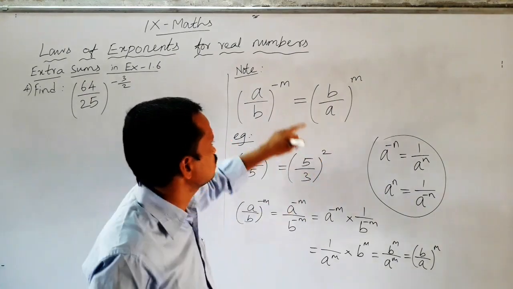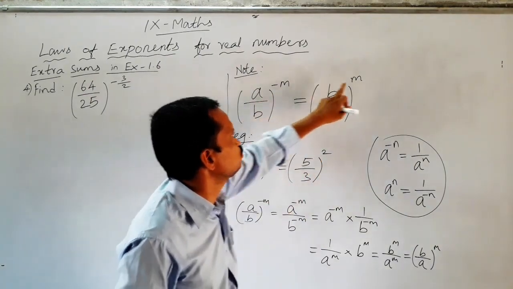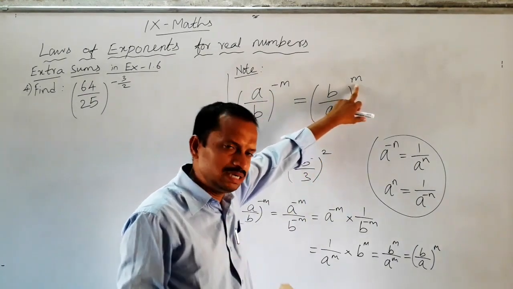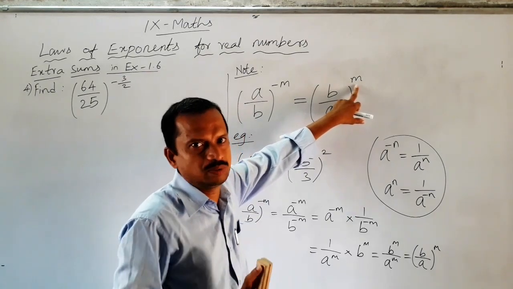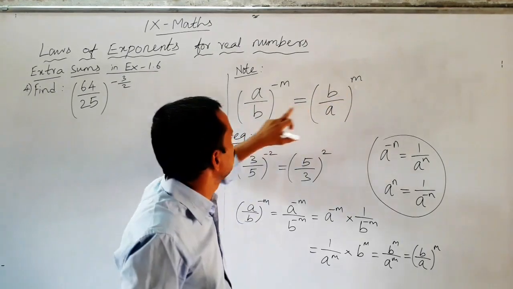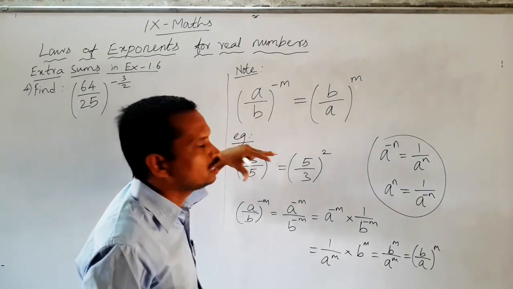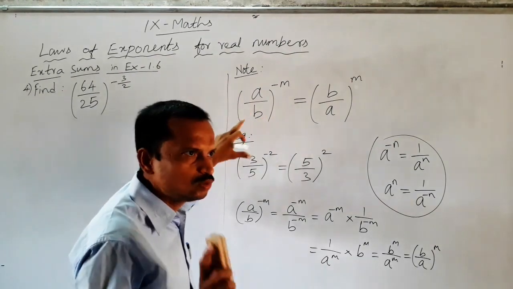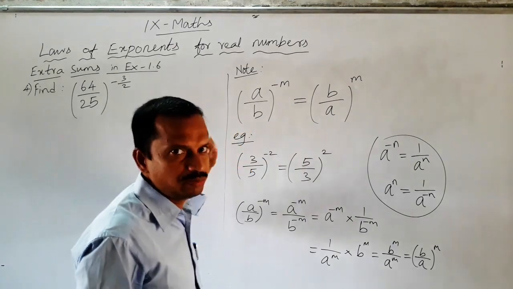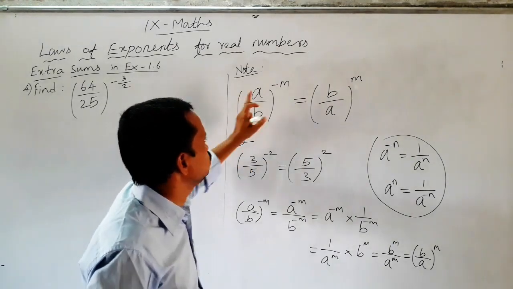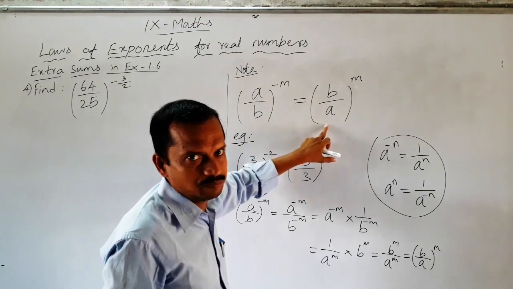That means minus m becomes plus m. The negative exponent is changed to a positive exponent. How? By taking the reciprocal of the base. Here the base is a by b. If you take the reciprocal, you get b by a.